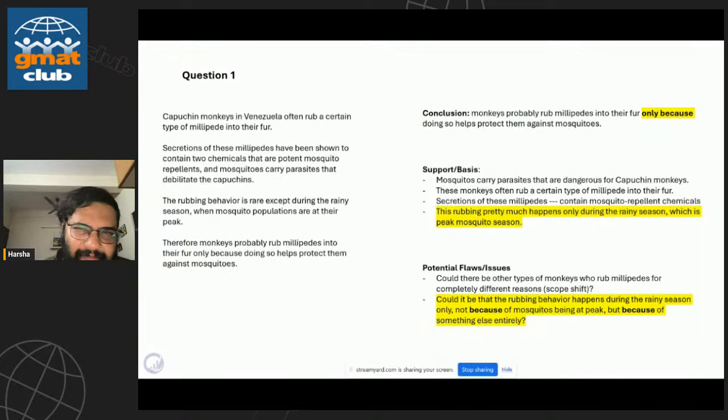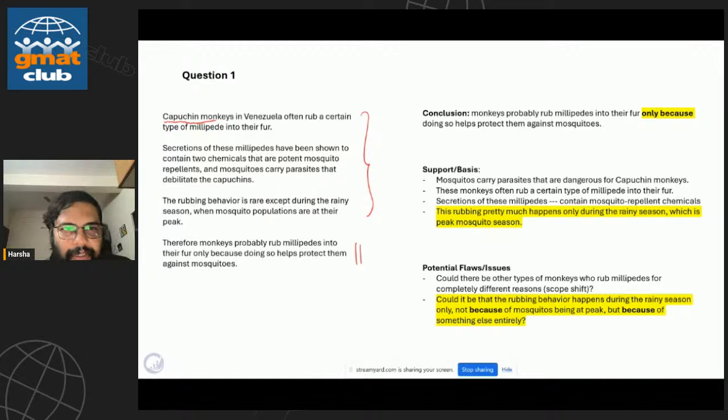Number one is the very subtle scope shift that's happened. I don't know if you guys noticed. Everything that's being talked about in the premises is about Capuchin monkeys. These monkeys sitting in Venezuela, they often rub the millipede into their fur, and it's seemingly for the mosquito protection. But if you look at the conclusion, you see there's an aspect of generalization.